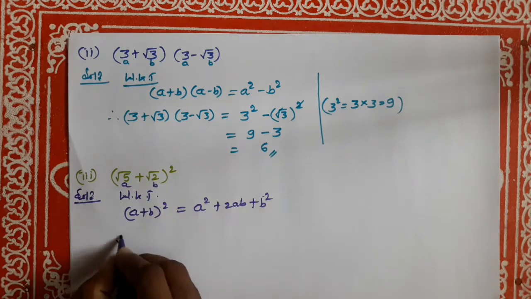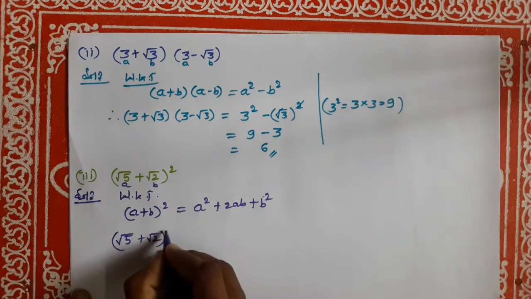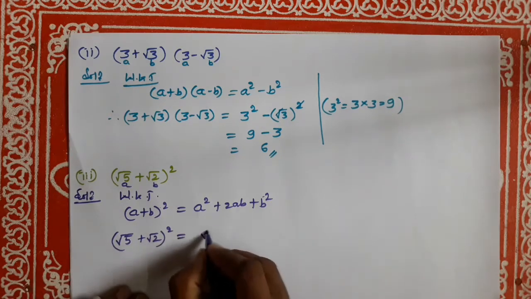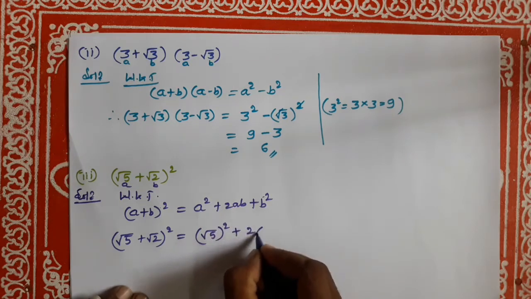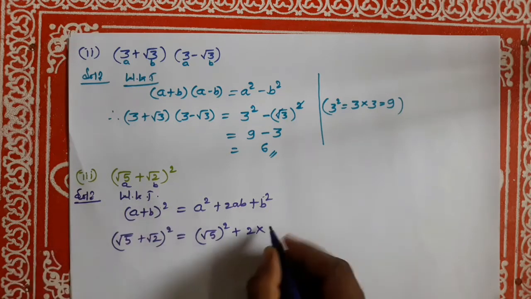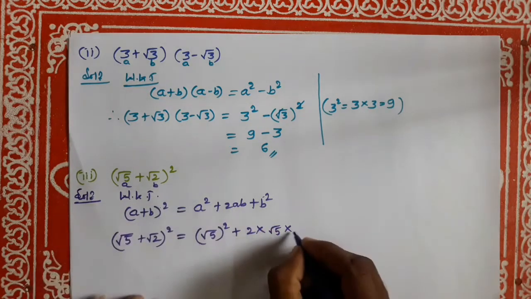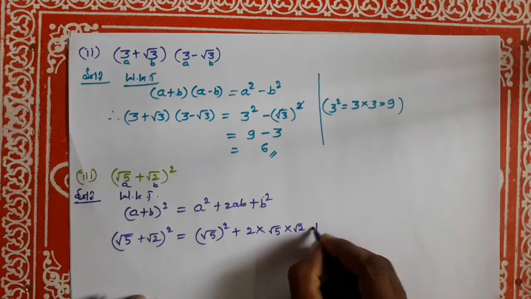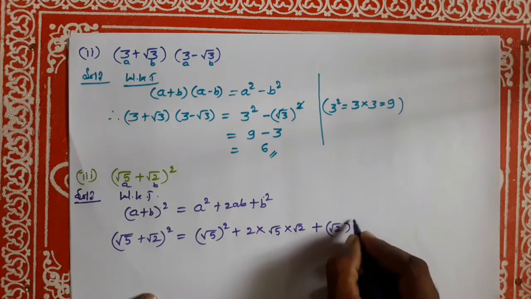So it is equal to square root of 5 whole square plus 2 into root 5 into root 2 plus root 2 whole square.